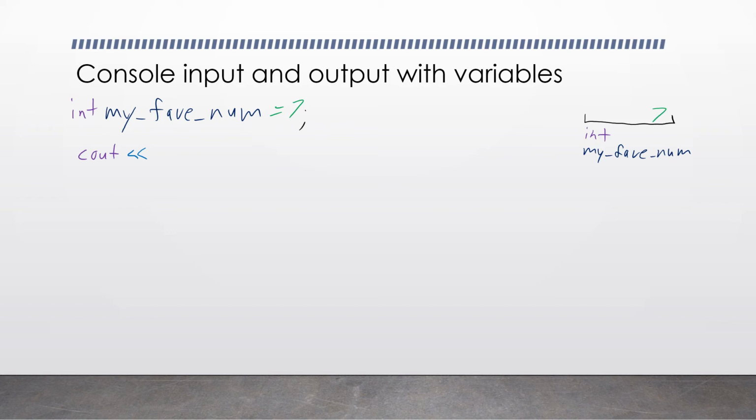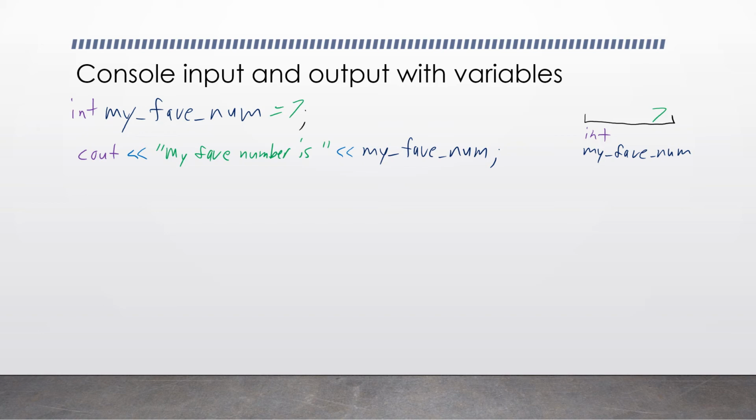We could put in a string value here that says my fav number is, and then we put another output operator, and we put the name of our variable, my fav num, and we put a semicolon.